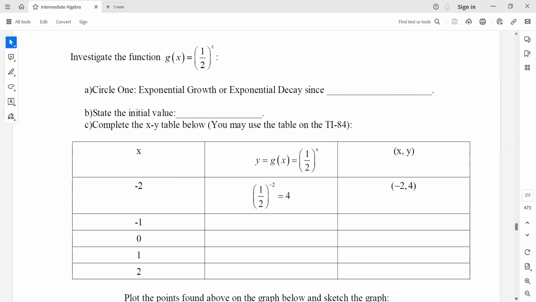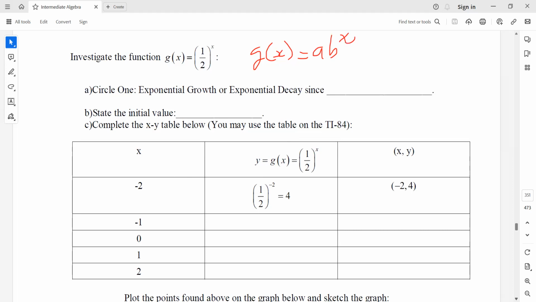Now with this one, we have g of x equals 1/2 to the power x. Again, the general form is g of x equals a times b to the power x.